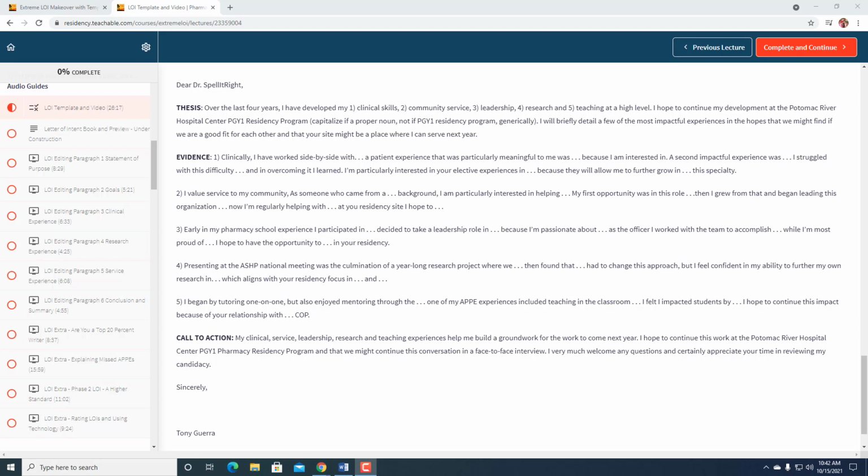So the two ways that you distinguish yourself: one, you flex your muscles and how you've done things clinically, what clinical APPEs you've done, what you've done to serve your community, how you've led as president, vice president, whatever, what research have you done, and then how you've been involved in teaching.